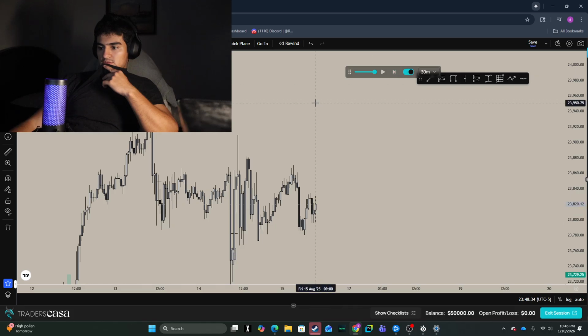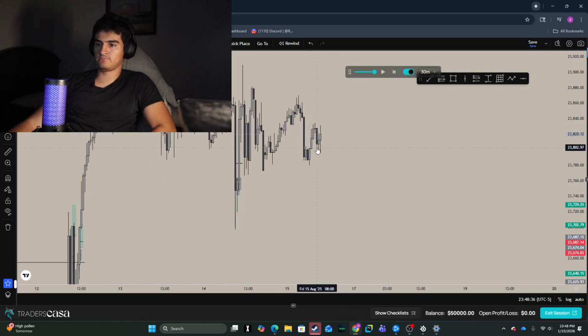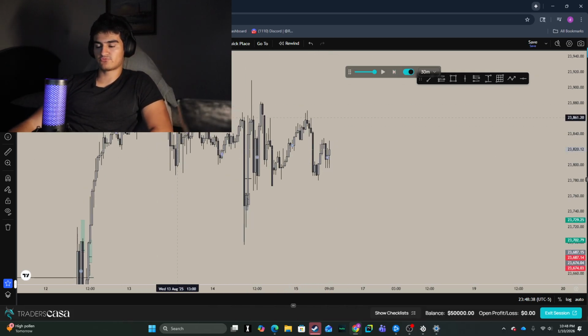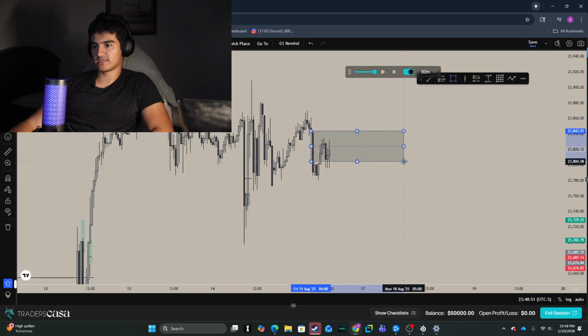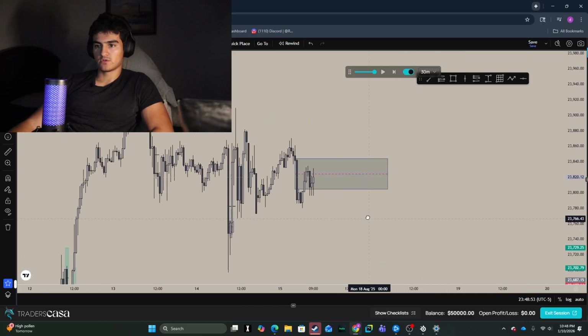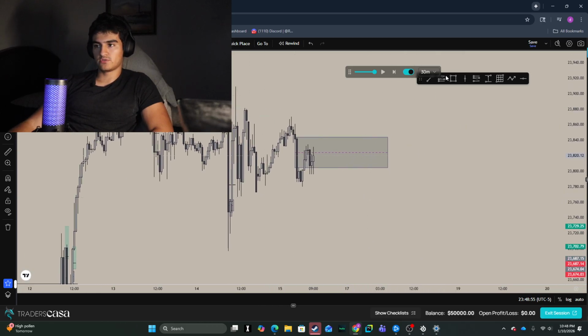Man, this range sucks. I don't know. We are inside this bearish gap, and we respected this other bearish gap right there.